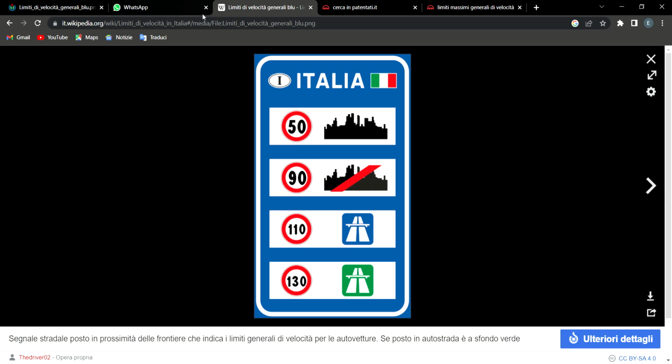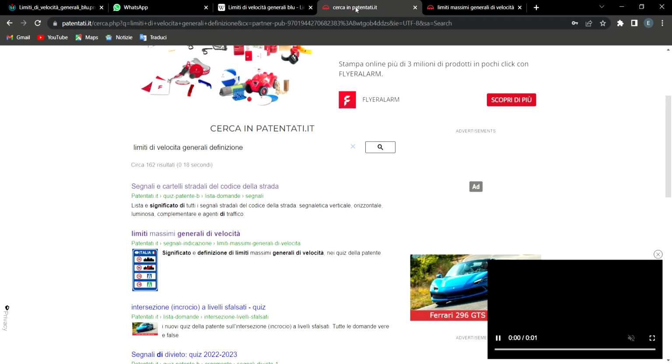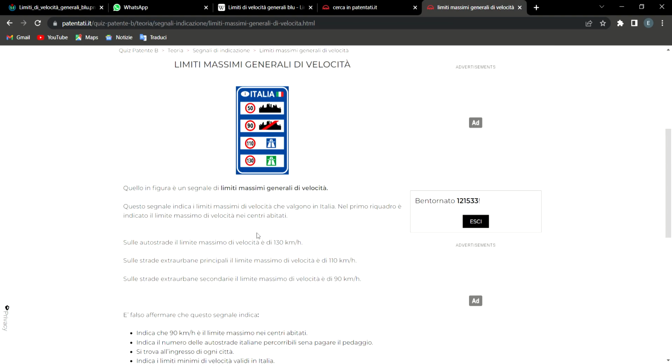So now let us quickly consider the various categories of road here in Italian and the maximum speed you are allowed to drive in any of these categories of road. So now let us quickly look at it.